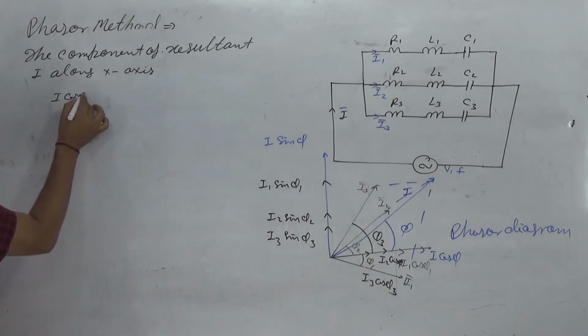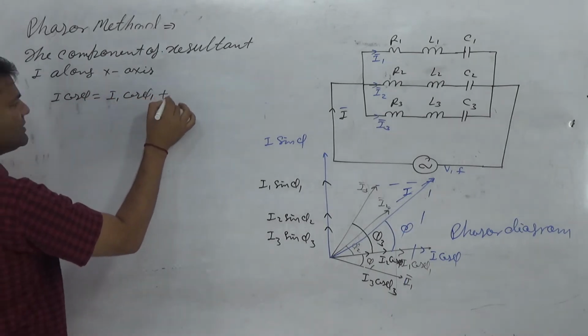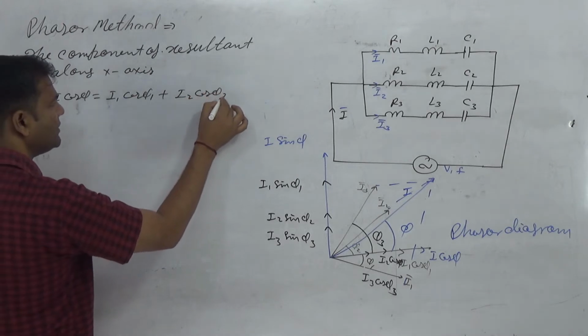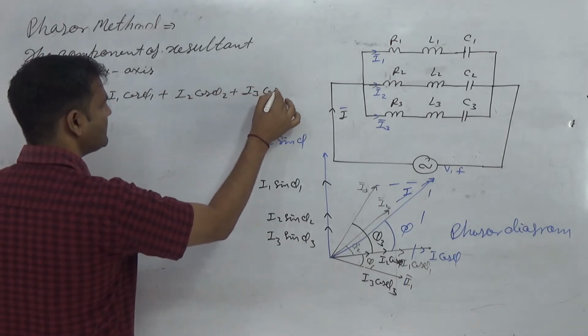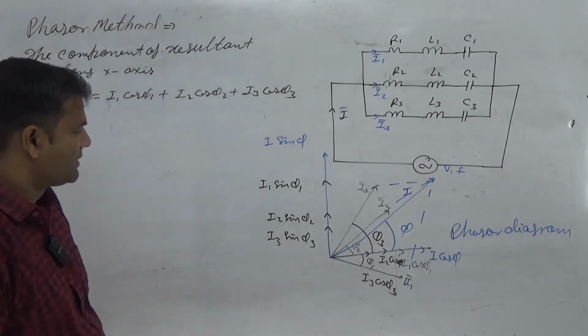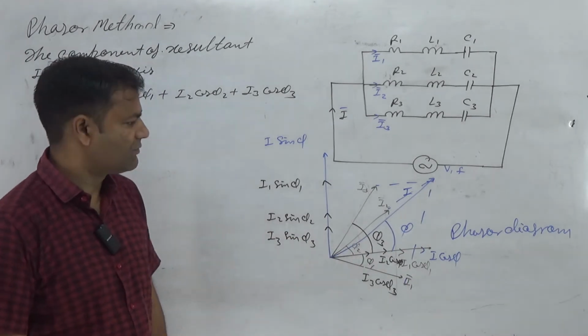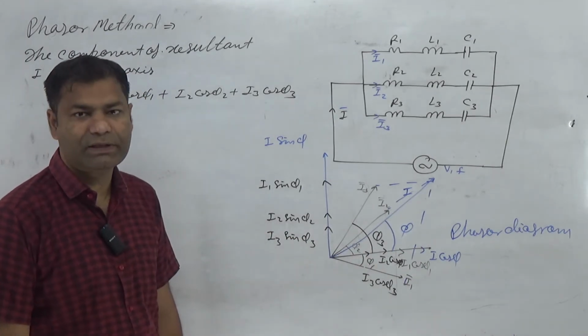So I cos phi is written as I1 cos phi 1 plus I2 cos phi 2 plus I3 cos phi 3.